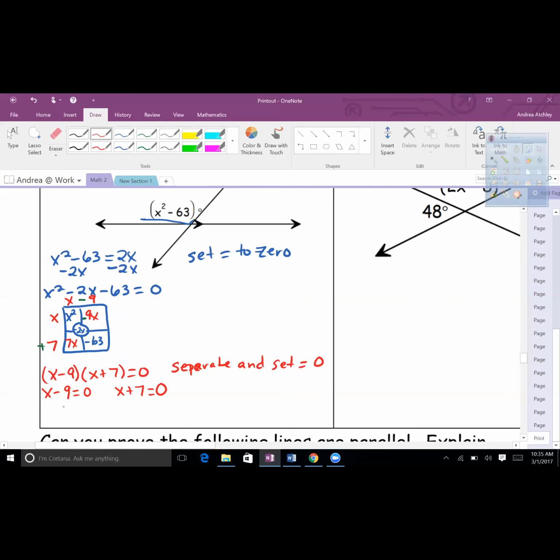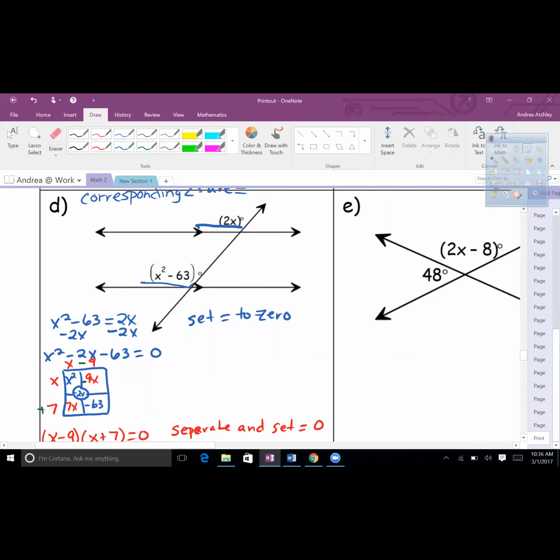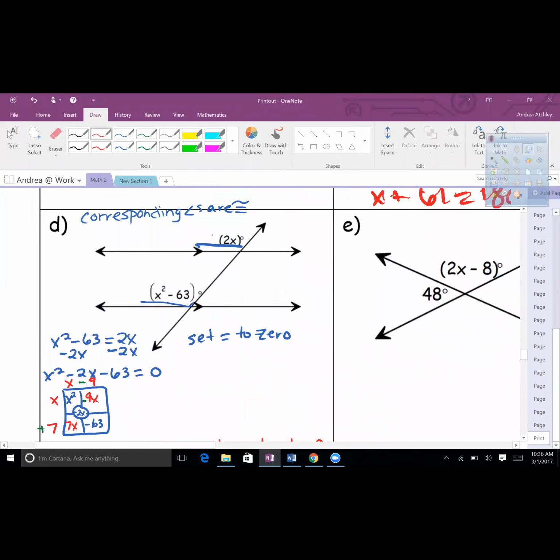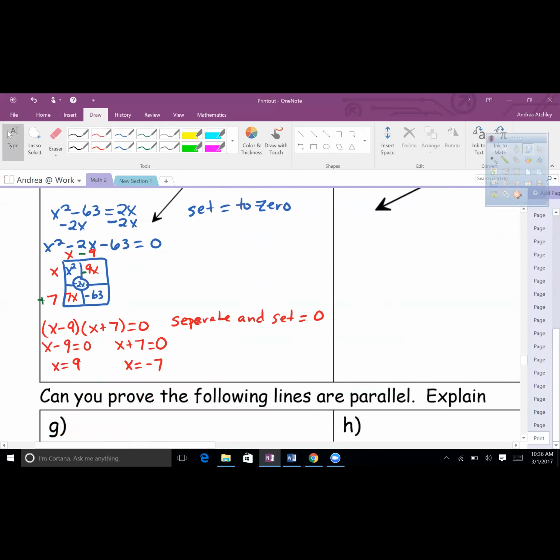So this is going to give me x equals 9 and x equals negative 7. Okay, but we have a nonsense answer here. If I plug in negative 7 here to the 2x, how big is that angle going to be? Negative 14. Does it make sense that it can equal negative 14? No. So this doesn't work.